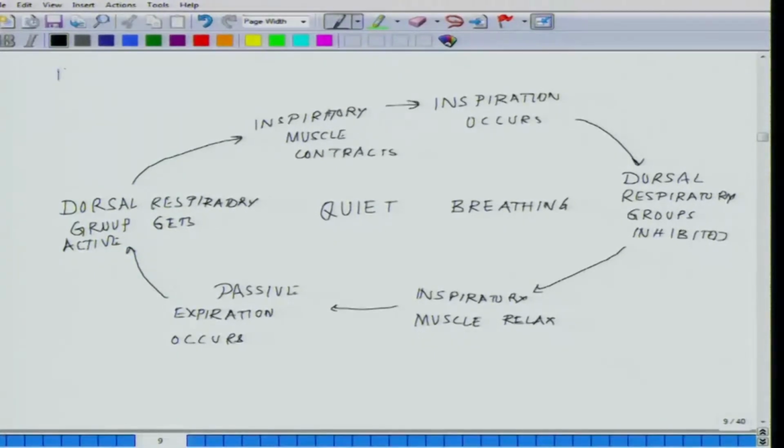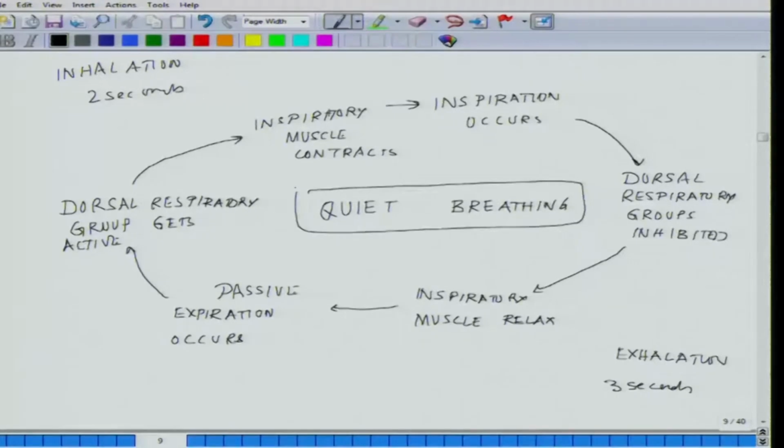So, this is what is happening in an inhalation, which lasts for around 2 seconds, and exhalation, which lasts for around 3 seconds. This is the pattern during quiet breathing.